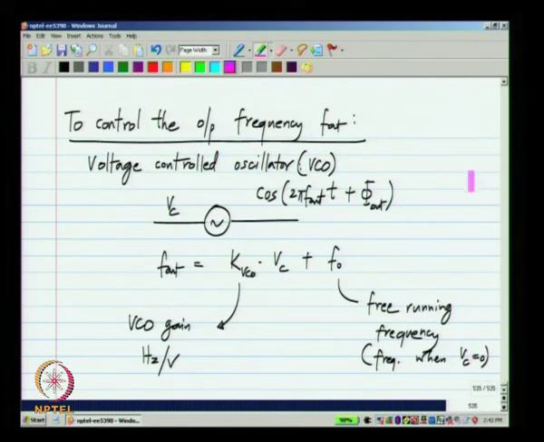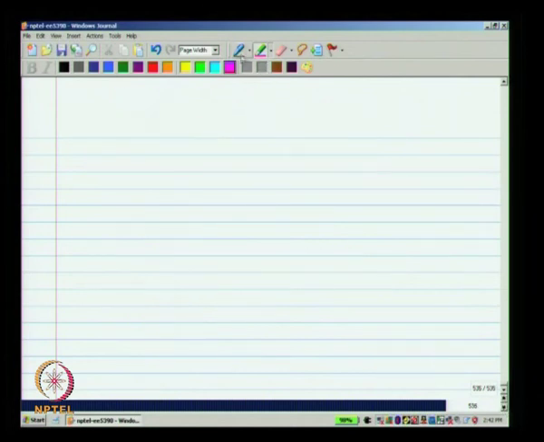So, this is the model of the VCO. Now, one important thing here is that the VCO output can be written as cos, or any other periodic function with period 2 pi, of theta of t.